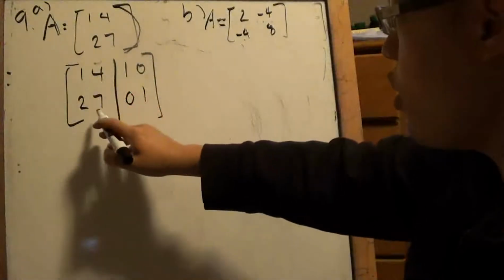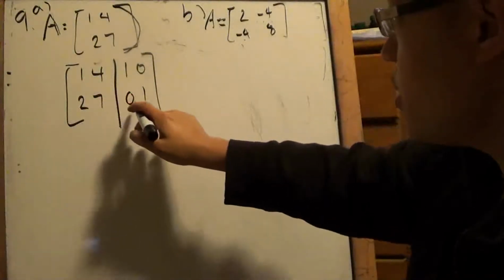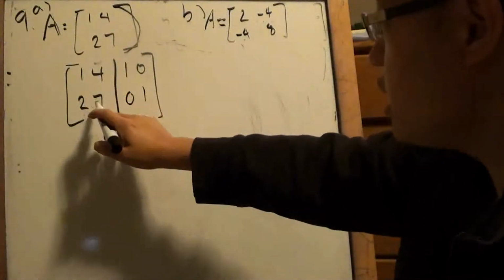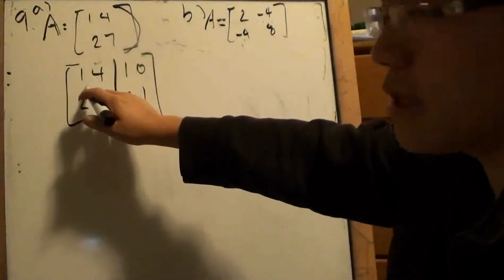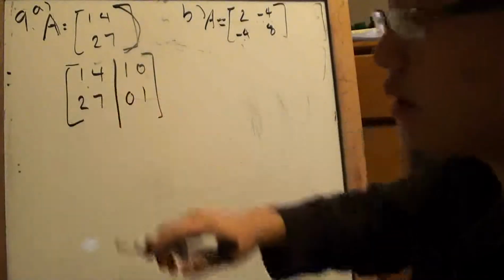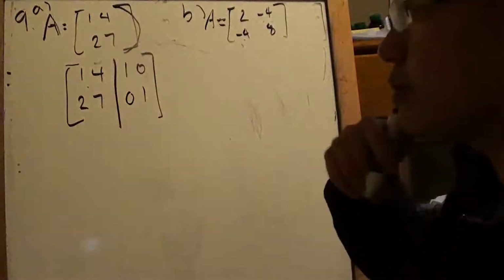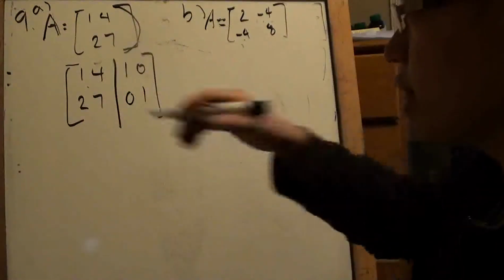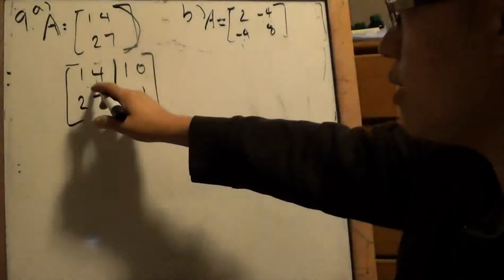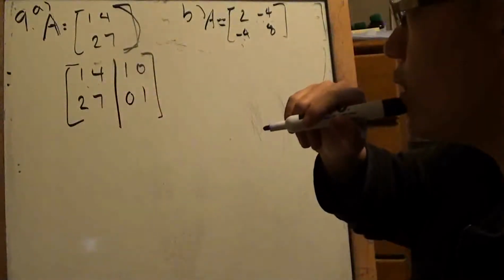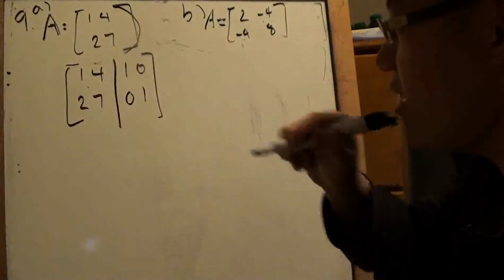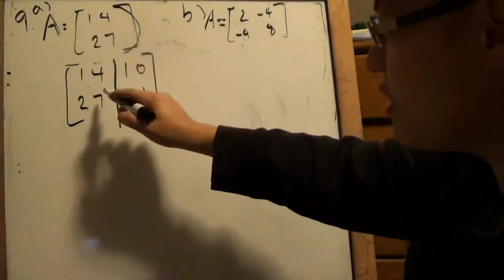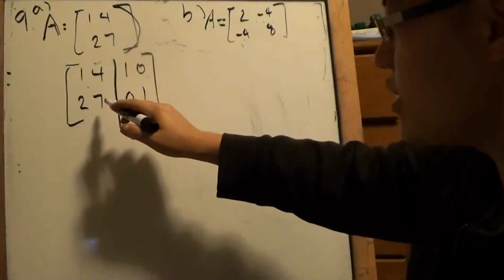So you have this. The goal here is to make changes so that the left side becomes an identity matrix, right? Oh, not identity matrix, but reduce it as much as possible. Wait, was it reduced, or did it have to be identity matrix?